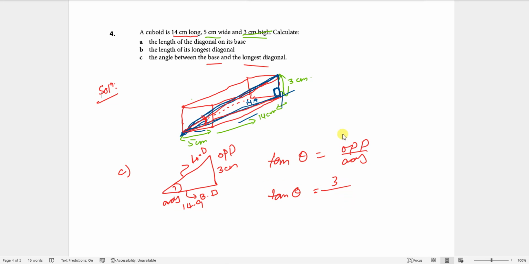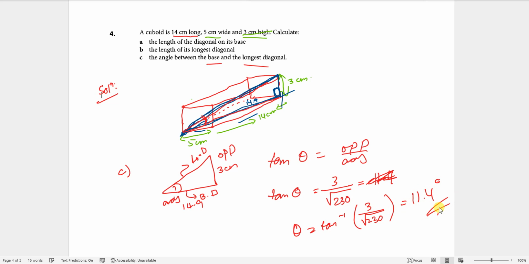Let's use the full number that I wrote before, root 230, not the decimal, so we get the exact and accurate answer. Theta equals tan inverse of 3 over root 230, which equals 11.4 degrees.